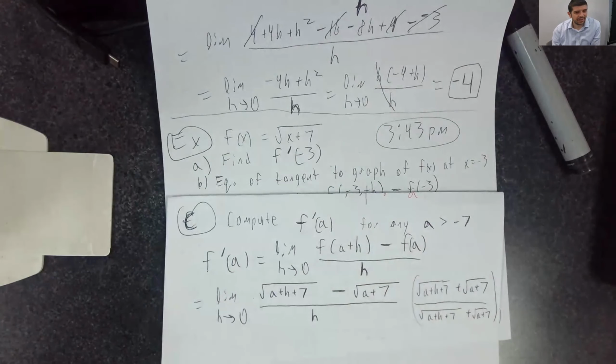Here's another example. F of x is equal to 7 over x plus 4. Find the tangent line at 6 comma 7 tenths.